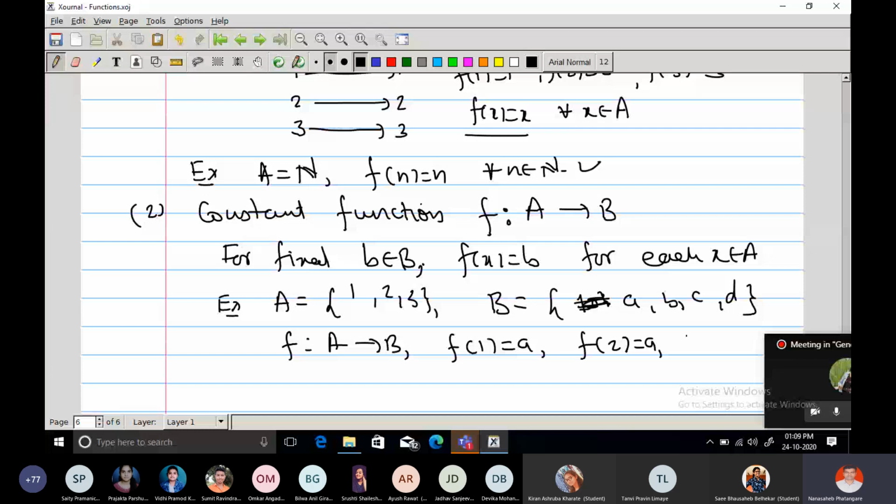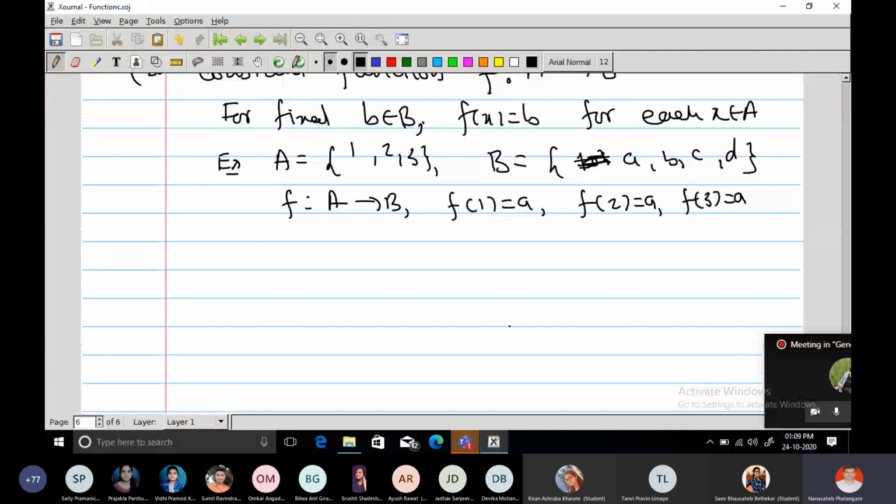Is it a function first of all? Yes, sir. It is a function because every element in the domain has an image and the image is unique. So 1 goes to a, 2 goes to a, 3 also goes to a. So f is a function because f(x) = a for every x in A. Every element goes to a. It is a constant function.